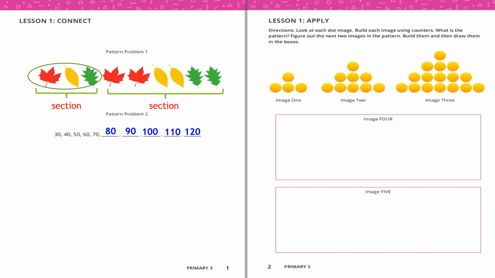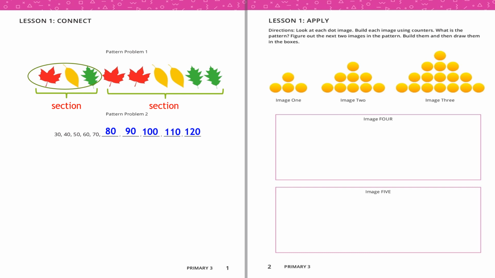In the first image we have one dot on the top and 3 dots on the bottom. So 1 and 3. In image 2 we have 1 dot on the top, then 3 dots, then 5 dots. So it became 1, 3, 5.